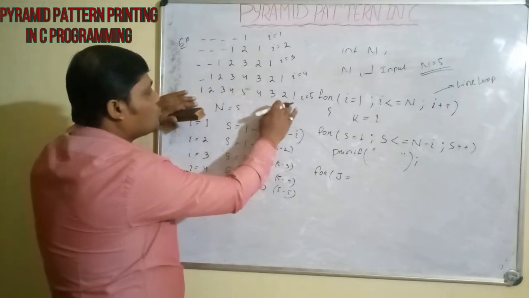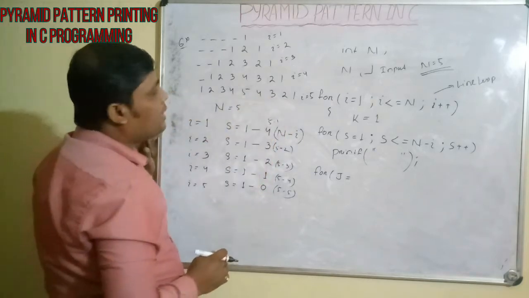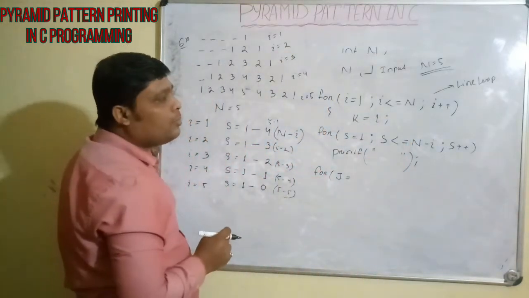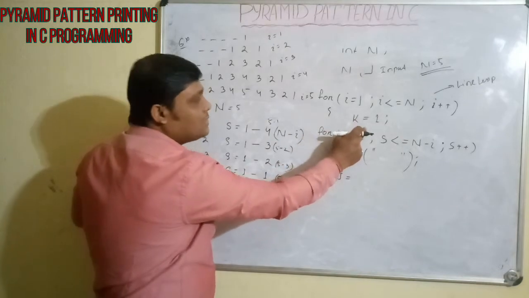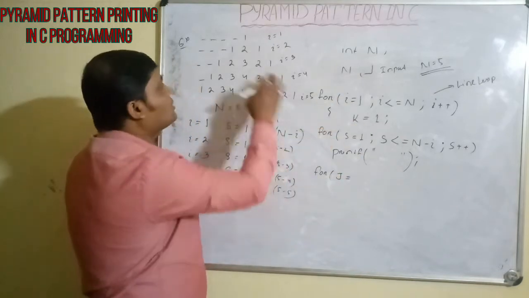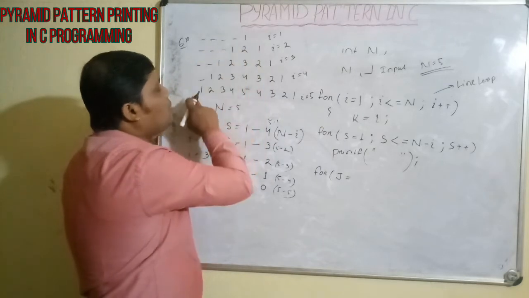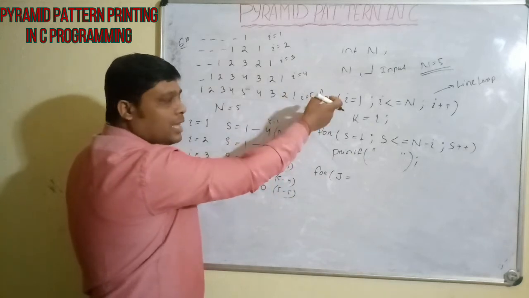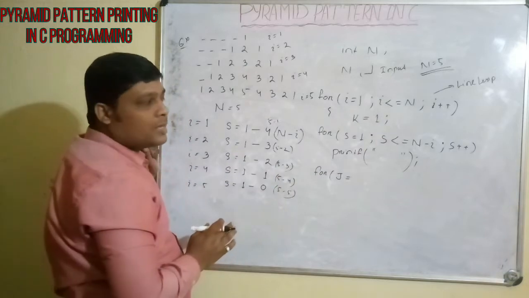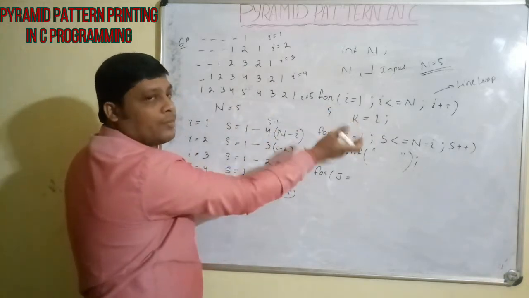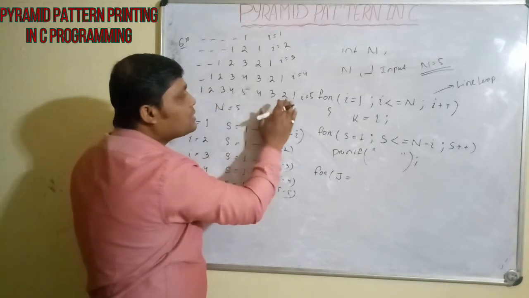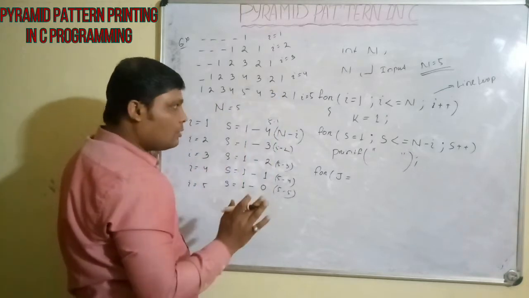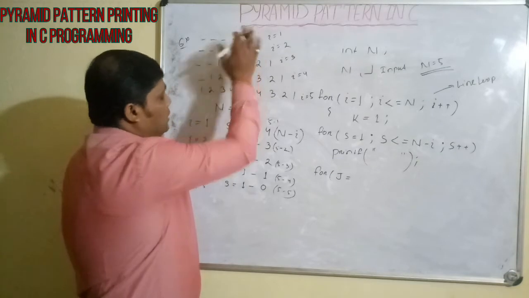So for printing these numbers, I am taking one k variable, and I am initializing this k inside the i loop, because each line always starts from 1. When I go to the next i, that means the next line, k will be initialized to 1. I am printing the k value. And how many times will this k value be printed? That is our j loop. Clear? You can see. Just see.